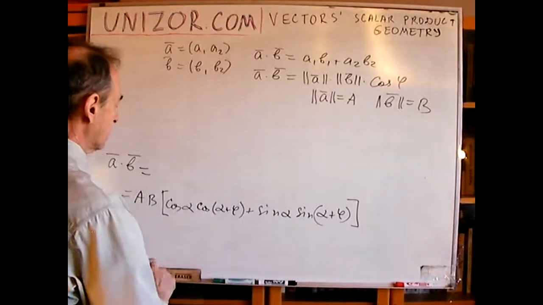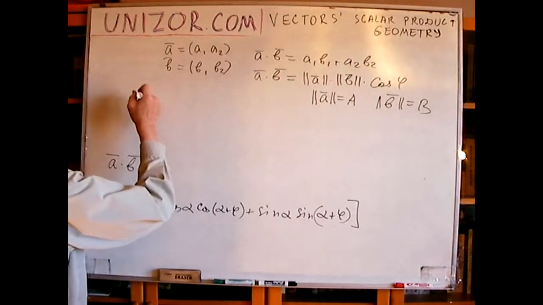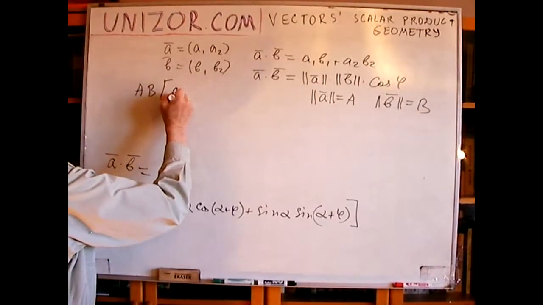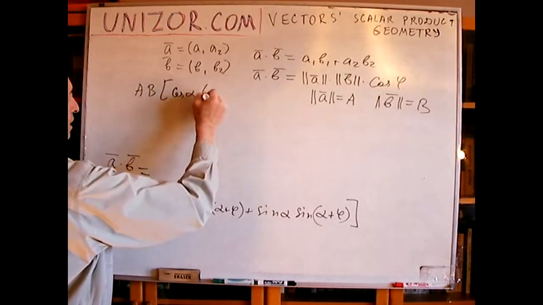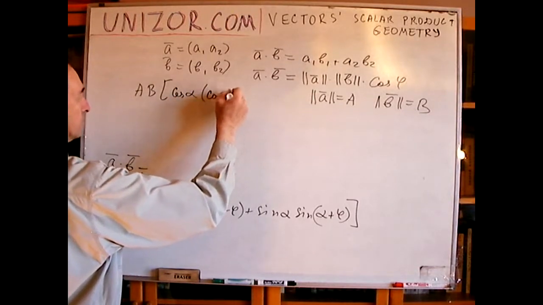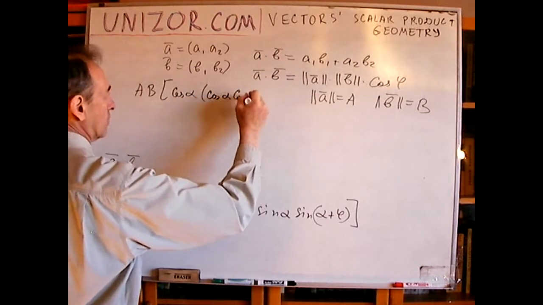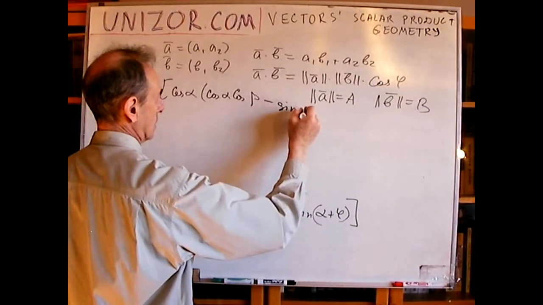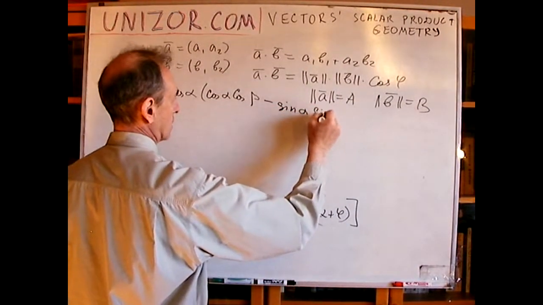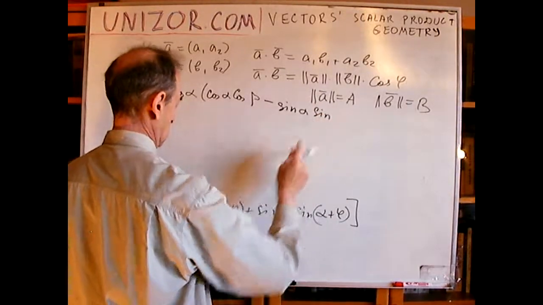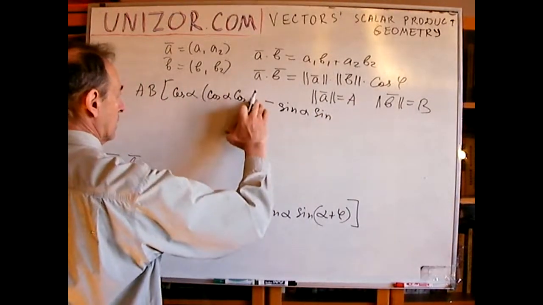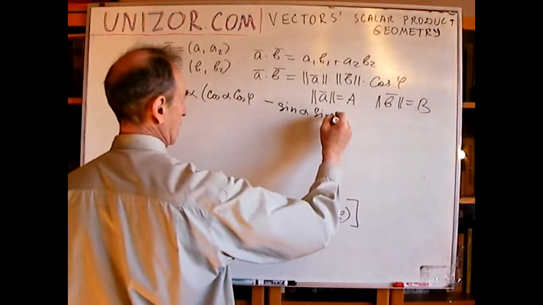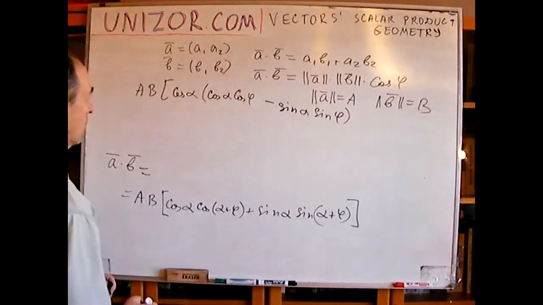Now, cosine of sum of two is equal to cosine alpha, cosine phi minus sine alpha, sine phi, right?